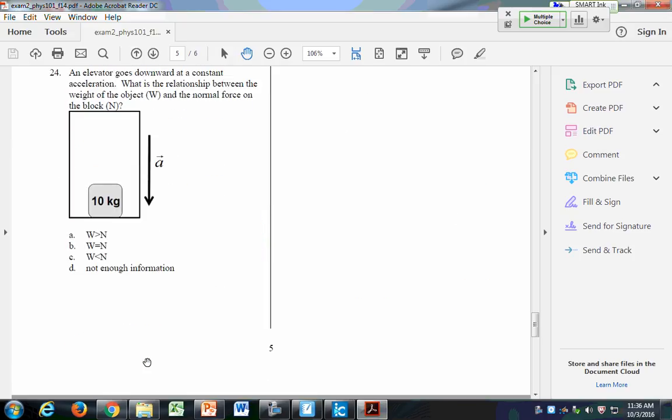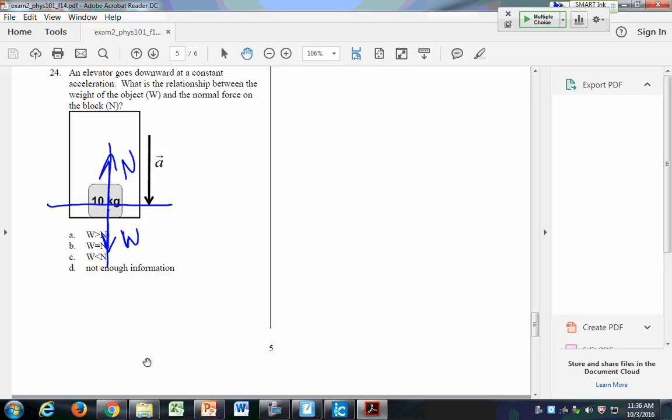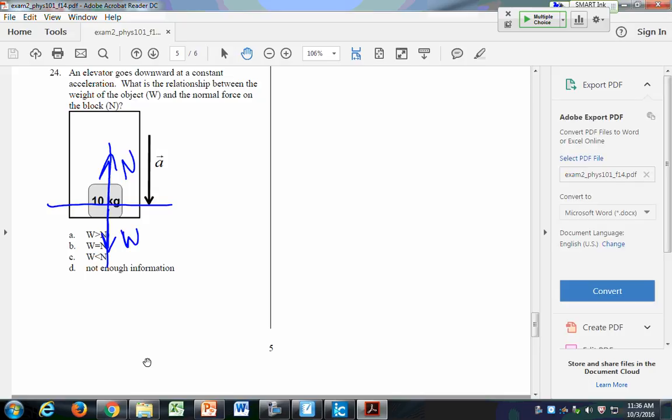We approach this the same way that we've been doing, where I draw my coordinate system like this. My normal force, N we call it here, is down, and my weight is up. I mean, my normal force is up, my weight is down. And I say the sum of the forces in the y direction is equal to ma_y. Now, we need to recognize that our acceleration is down, so this acceleration is going to be a negative value.